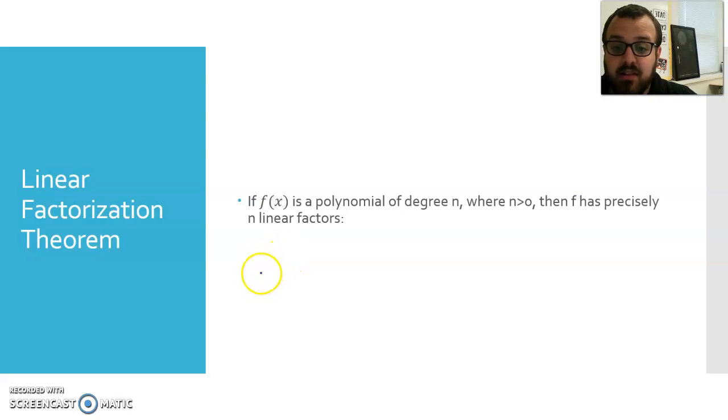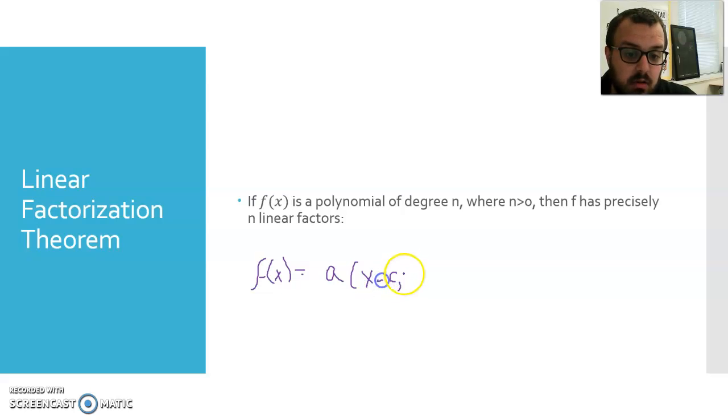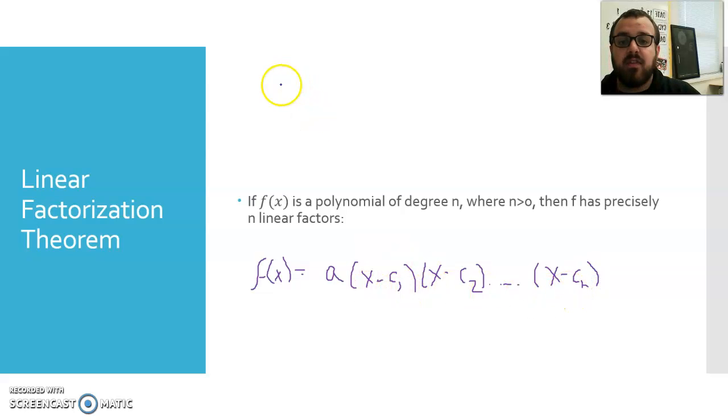So what that would look like is, we could rewrite a polynomial as a times x minus, we'll call it c1, times x minus c2, on and on and on, until we get to x minus cn, where n would be the degree of this polynomial, to have n factors, okay? So if I have an x to the fourth polynomial, that's the degree of my polynomial, I know there will be 4 factors, okay?